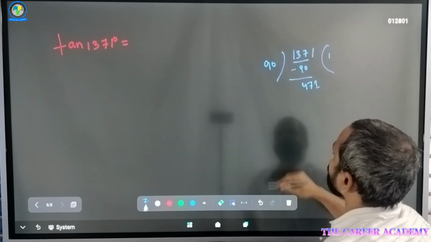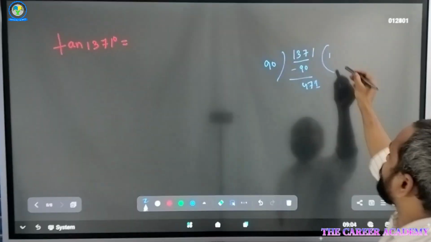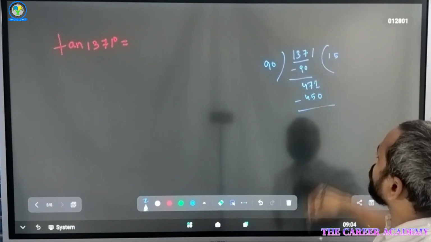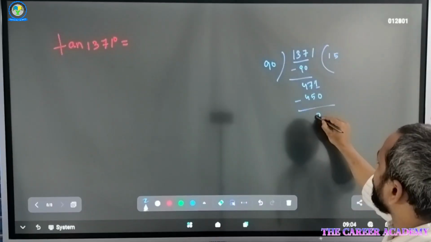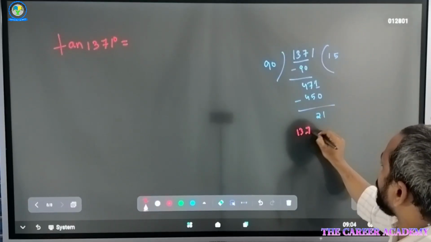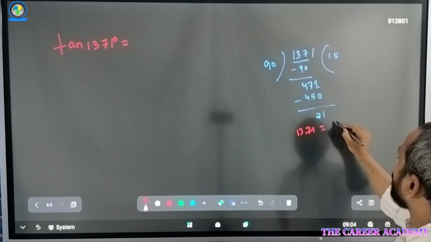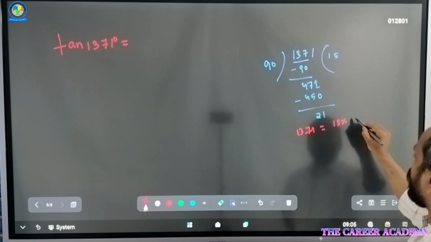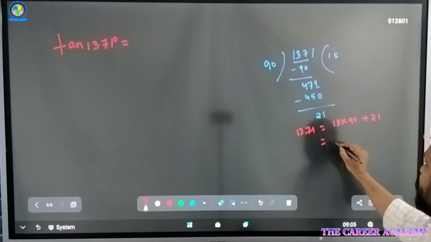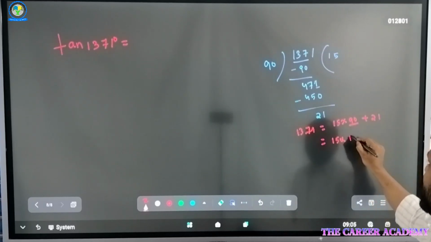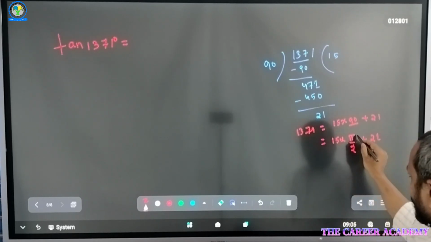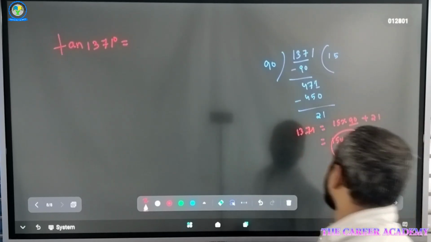Then take carry 1. 90 times 5 is 450. So 471 minus 450 is 21 degree. That means 1371 degree is written as 15 into 90 plus 21. See, 15 into 90 is 15 pi by 2 plus 21.